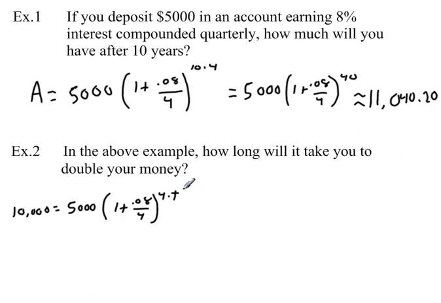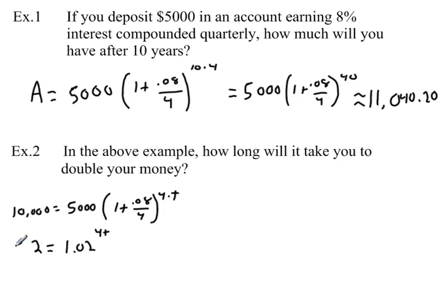To solve for an exponent, the only way to do it is with a logarithm. Okay, so let's clean up what we can. First, we can divide both sides by 5,000. 2 equals, and then we can also figure out what this is in parentheses here. It's actually 1.02 to the 4t power. All right, we saw these in the last unit.